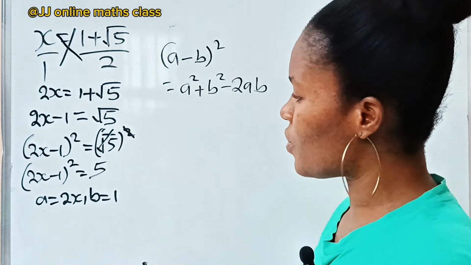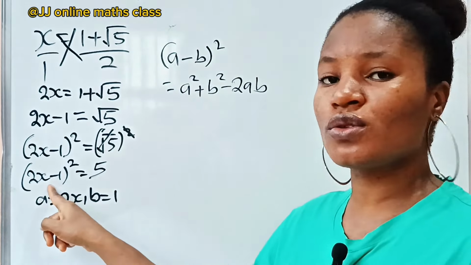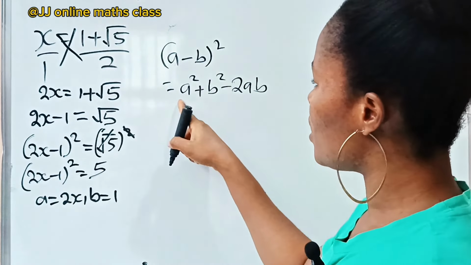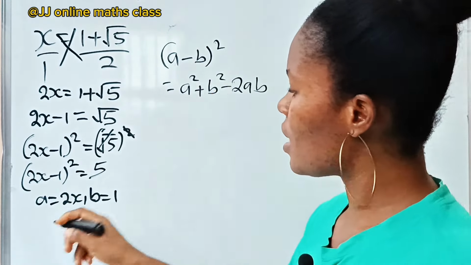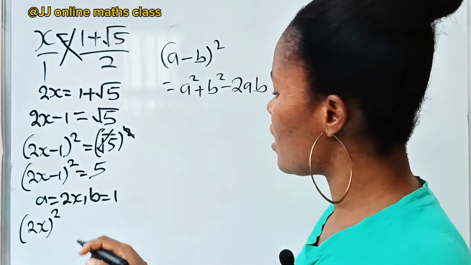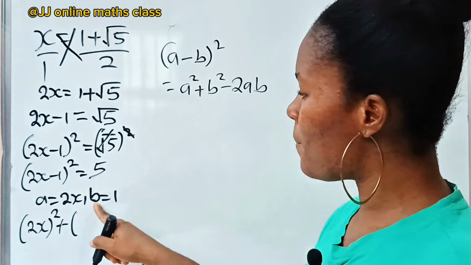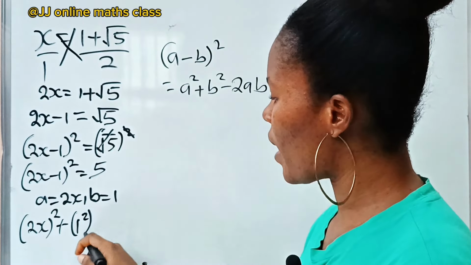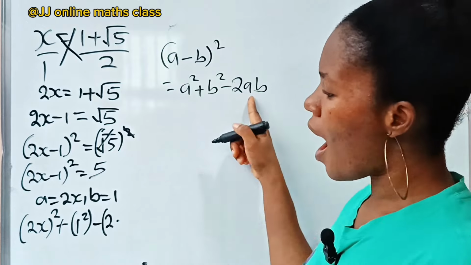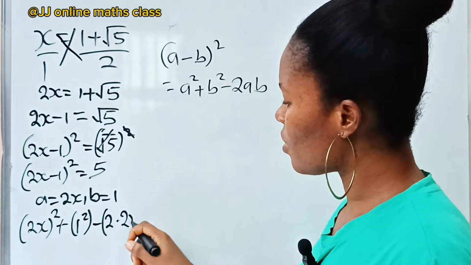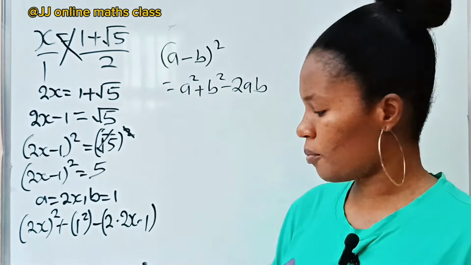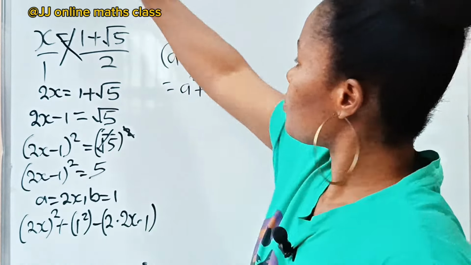We are trying to get the solution to 2x minus 1 squared. According to the identity, it's going to be a squared, that is 2x squared, plus b squared, our b is 1, that is 1 squared, minus 2 times our a, which is 2x, times our b, which is 1.